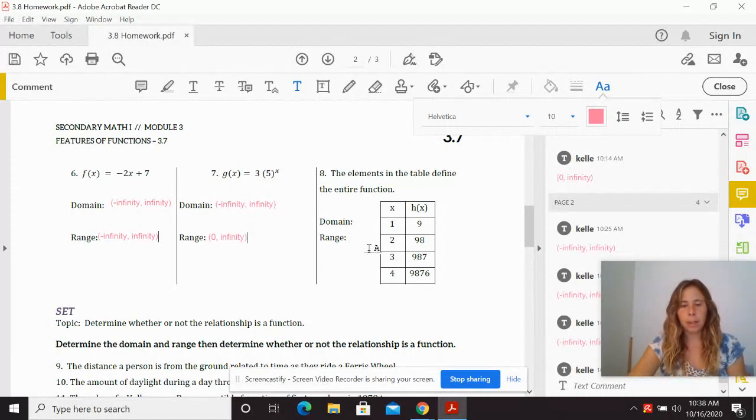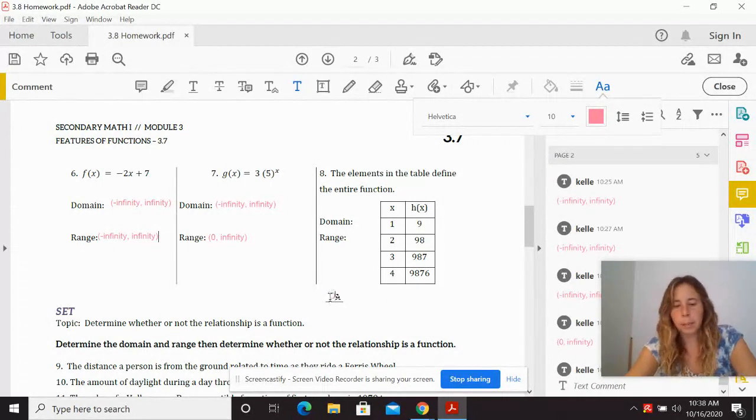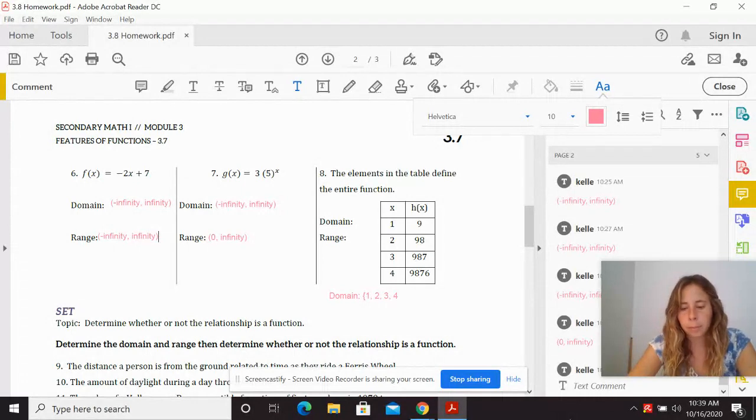So for domain, you're just going to make your own little braces and then rewrite their x values. So 1, 2, 3, 4.